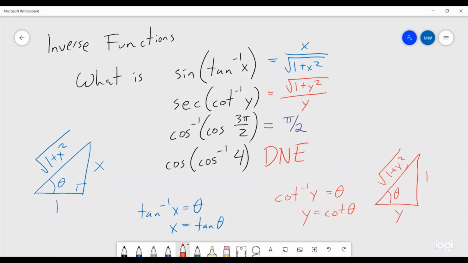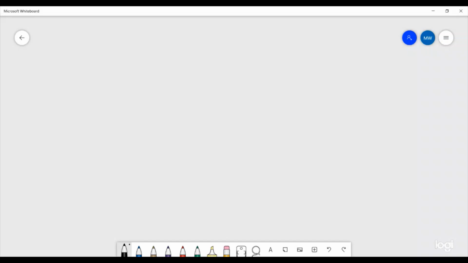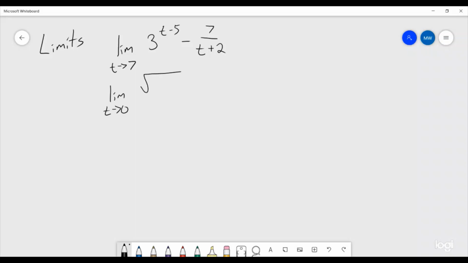Okay, for our next one, let's start talking about limits. I'm just going to write down a whole bunch of limits, and I'm going to ask you to figure out what they are. First one, we have the limit as t approaches 7 of 3 to the t minus 5 minus 7 divided by t plus 2. We have the limit as t goes to 0 of the square root of t squared plus 9 minus 3 all over t squared.